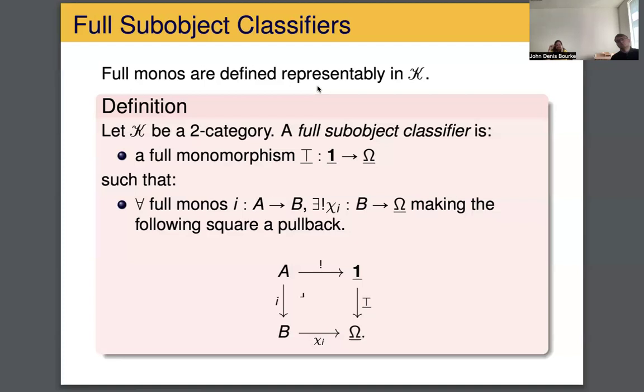So you can say that an arrow is a full monomorphism if when you hom into it, now using the hom2 functor that lands in Cat, the image is a full monomorphism in Cat. Sorry, maybe I should have been a bit clearer about that. Okay. Some master's students here.